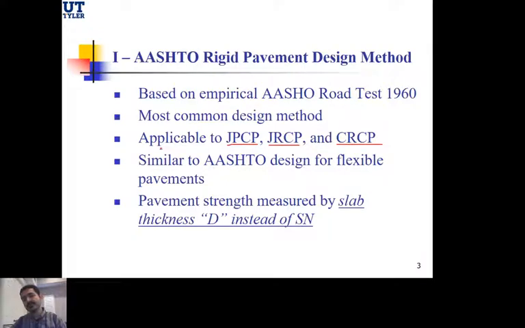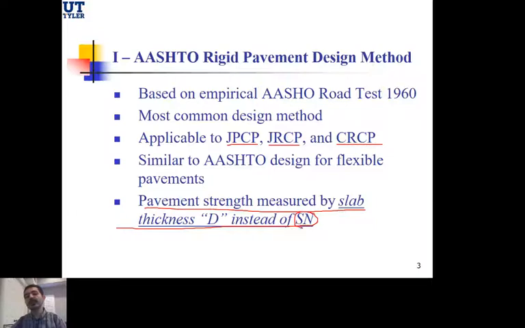Again, as I said, there are some similarities to the flexible pavements, but as you will see, there are also some differences. One of the differences that you'll note is that the pavement strength is measured directly by the slab thickness instead of a structural number.